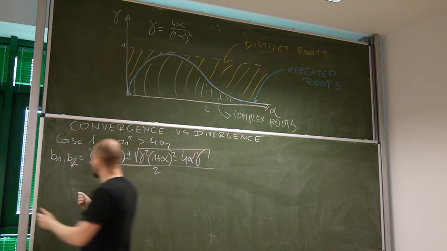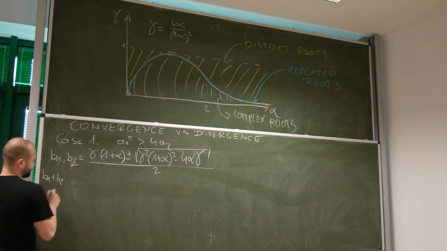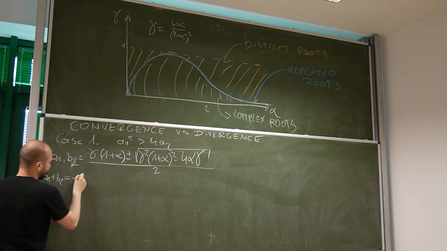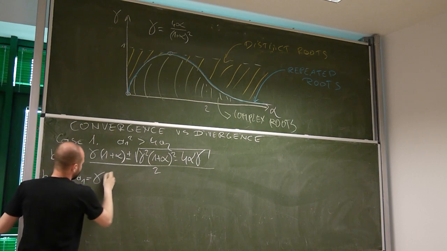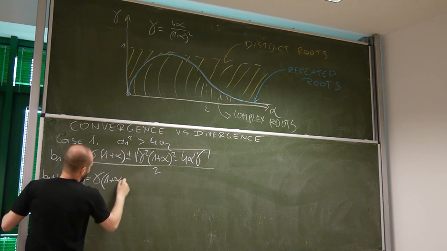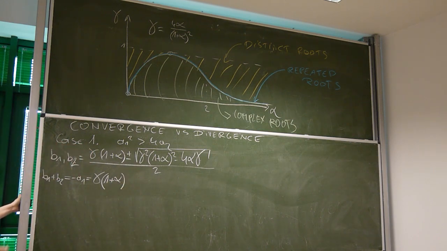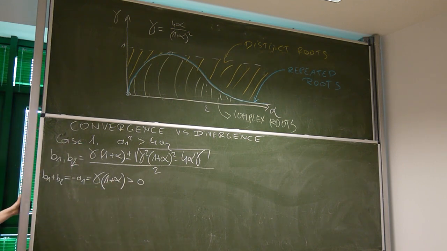Okay, but let's remember a couple things. First, b1 plus b2 is always equal to negative a1. Negative a1 is equal to gamma times 1 plus alpha, which is clearly a positive number, right? This is positive, this is positive.